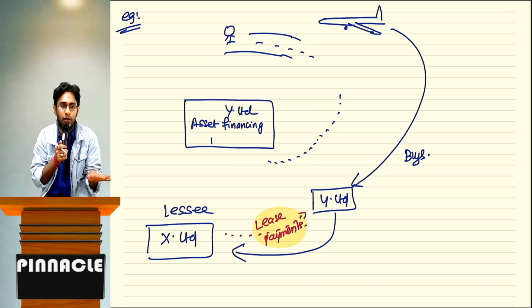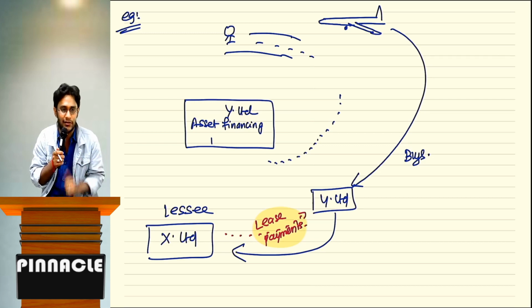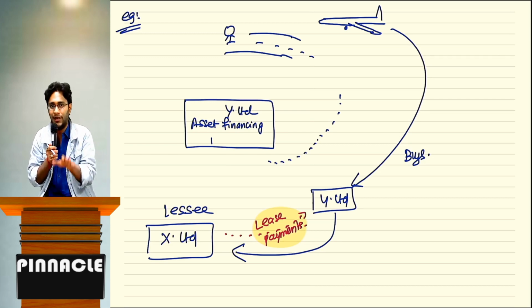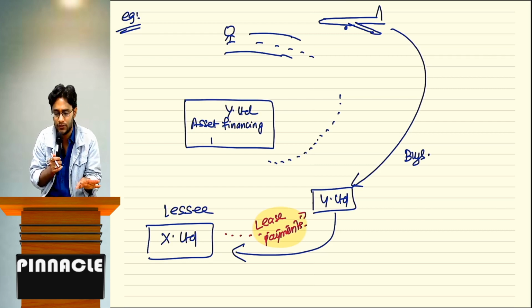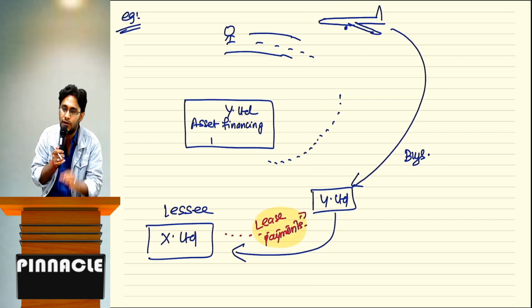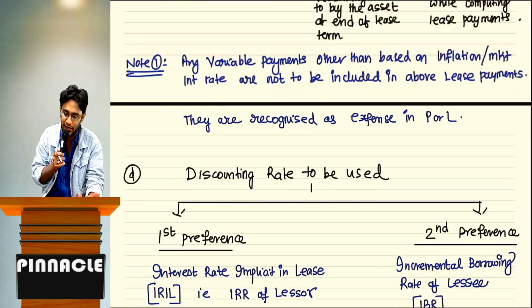Asset cost X Limited also knows, and X Limited also knows that Y Limited is making a profit from me and charging interest on me. So the lessee definitely knows what return Y Limited is making out of this transaction. That is the discounting rate you use for your lease payment calculation.